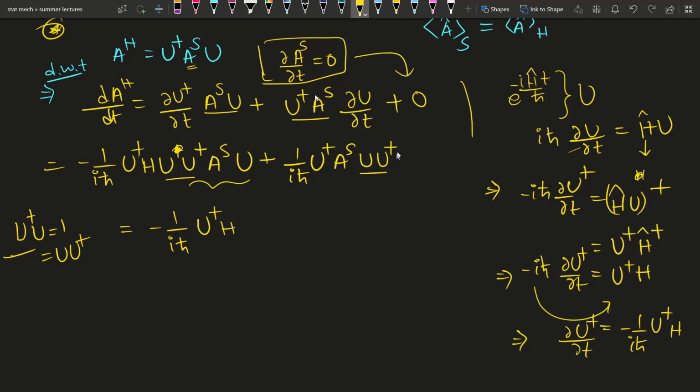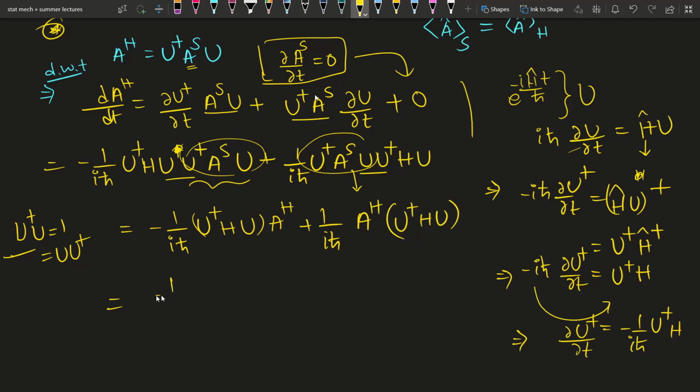I can write this identity here, and then the terms H U. So this is H and U. Now what it becomes: U dagger H U, in brackets, A, plus 1 over i h cross, and then A, and then U dagger H U. So this is 1 over i h cross, the commutator of A_H and U dagger H U.